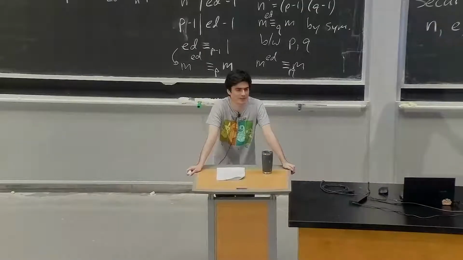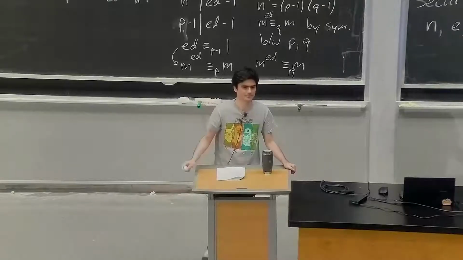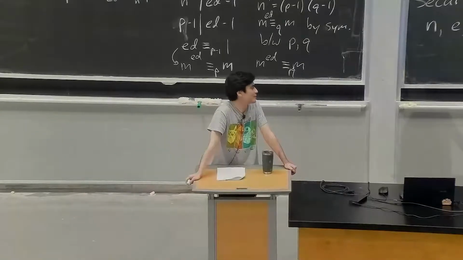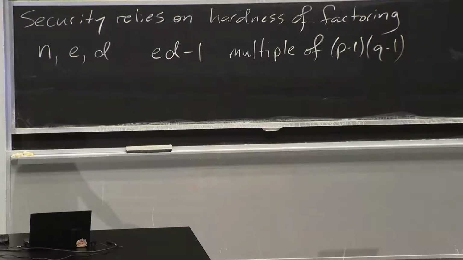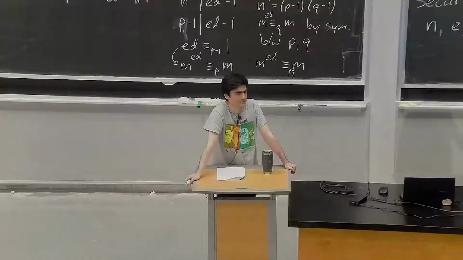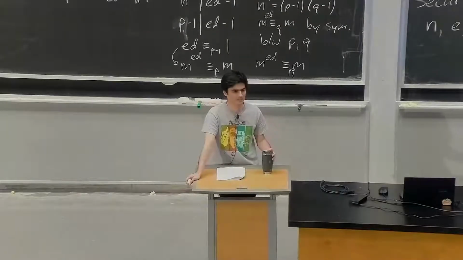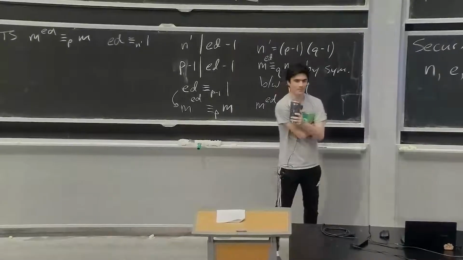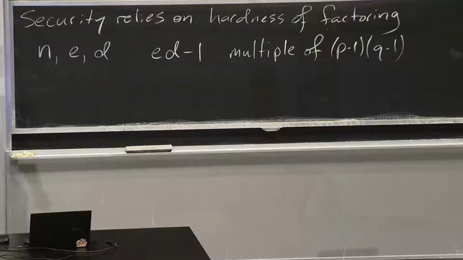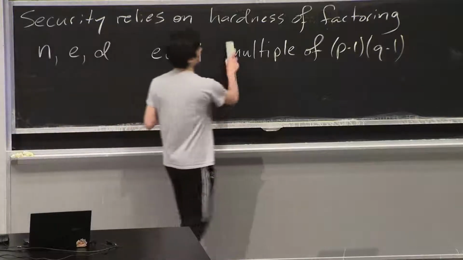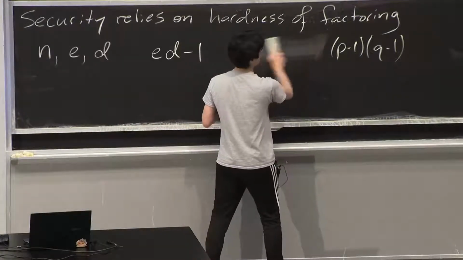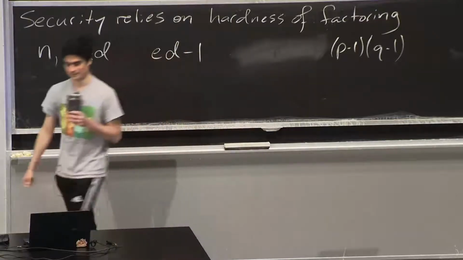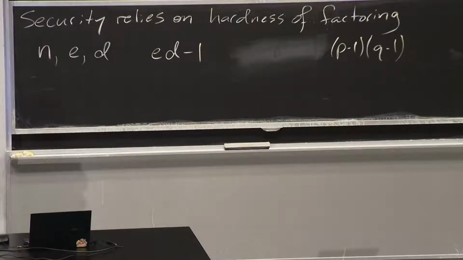What happens if I reduce that mod n? I get 1. If I reduce it mod p minus 1 times q minus 1, I get 1. Yeah. Get p and q? Okay, let's make it a little bit simpler. Suppose I actually have p minus 1 and q minus 1, or p minus 1 times q minus 1. If I had that, could I factor n?